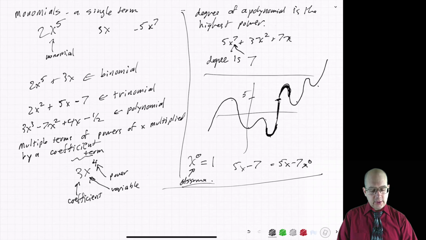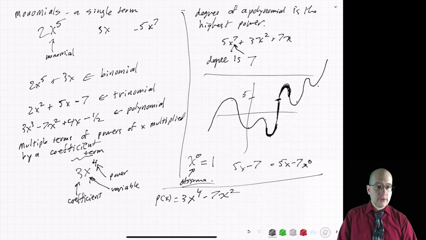One thing I guess I should do, just to make sure we're all on the same page, is let's look at 3x to the 4th minus 7x squared. We'll call that p of x. All right? And what do we want to do with that?